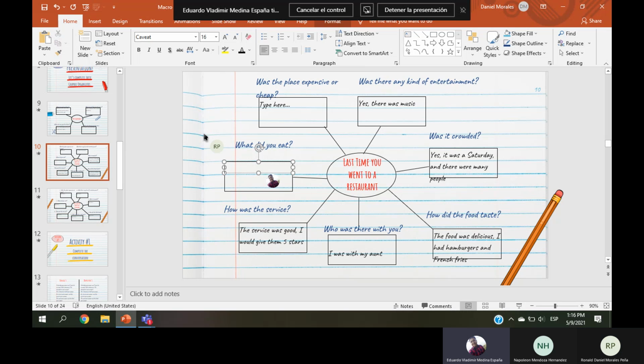I had hamburgers, as previously mentioned. French fries, soda, and wings. Oh, a complete combo. Yes. The combo is called Biggie Bag, and it incorporates all of this.